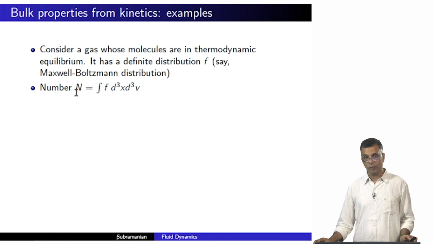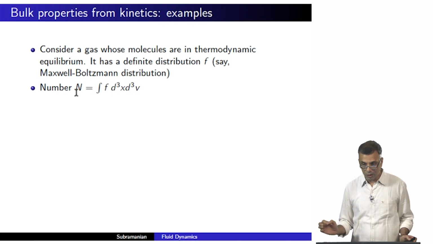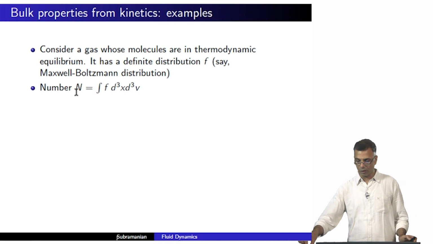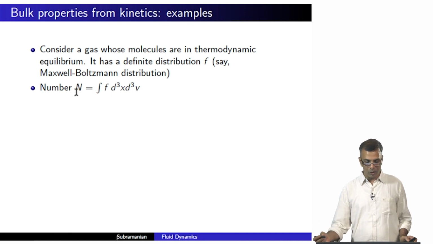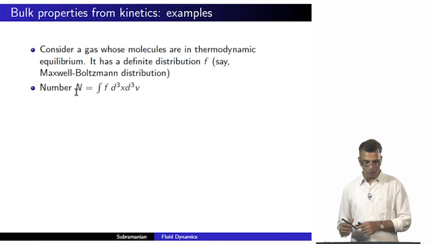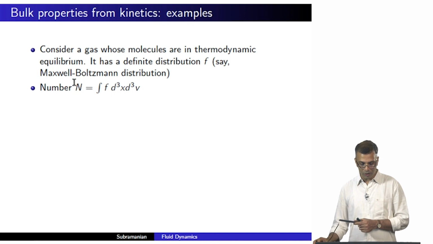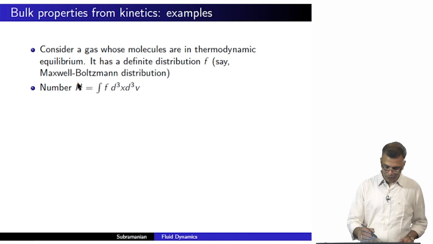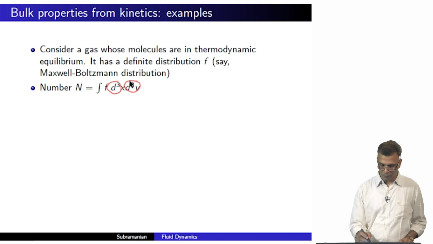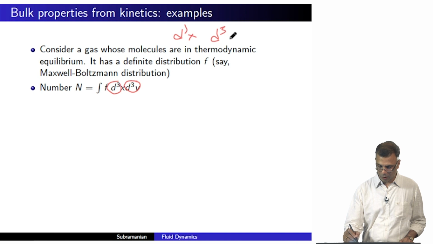So this is the most basic kind of illustration of how you derive bulk properties such as the total number from kinetics. As I was saying, the total number is given by this integral where you're integrating over all space as well as all velocities, so d cubed x as well as d cubed v.